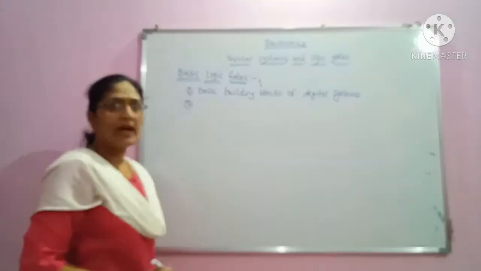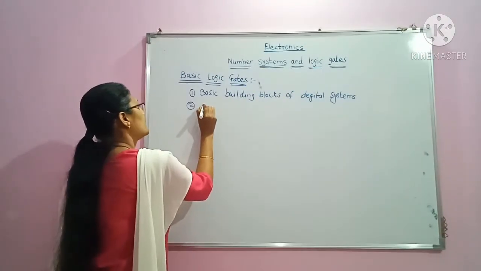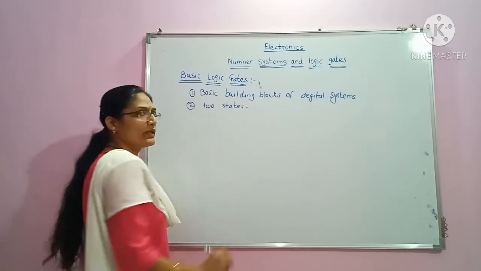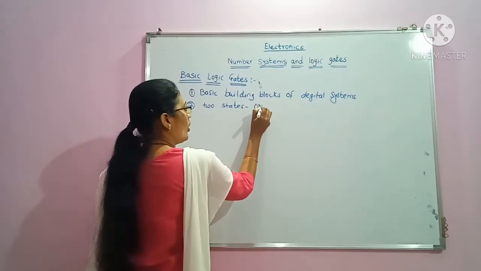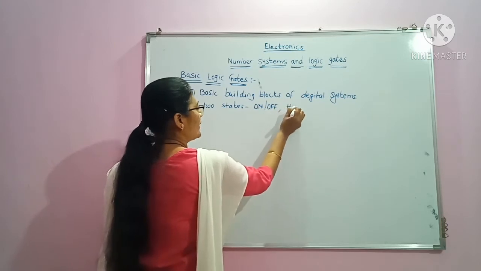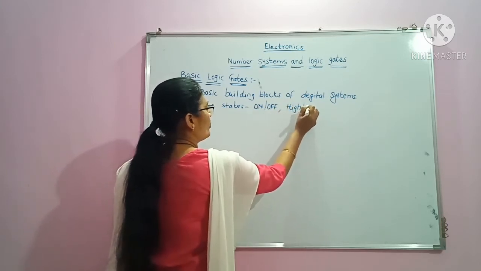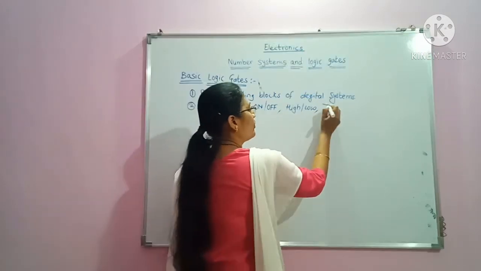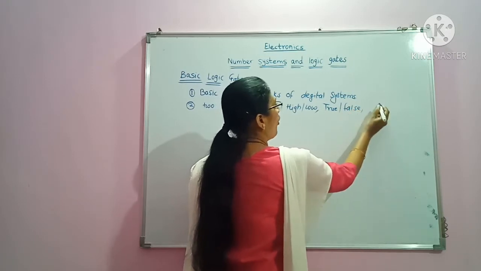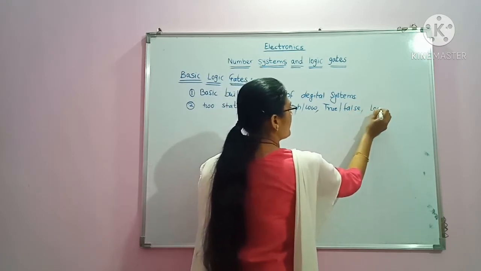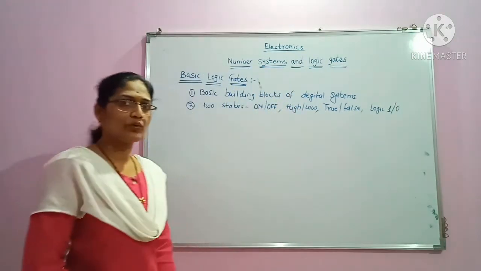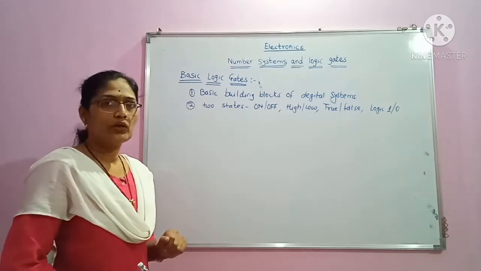They are represented by only two states, and these two states are on, off, or high, low, true, false, or logic 1 or 0. So these are the possible representations of any logic gate.